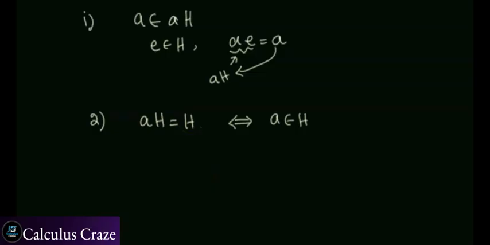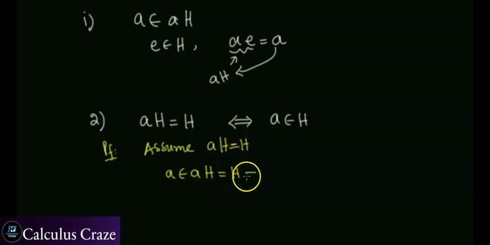Let's assume that AH is the same as H. Because AH is equal to H, and we have seen from property 1 that A is always inside AH, this implies A is inside H.